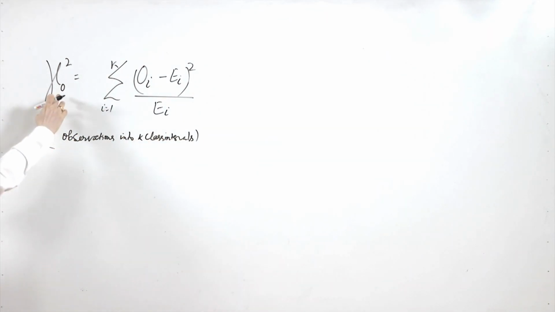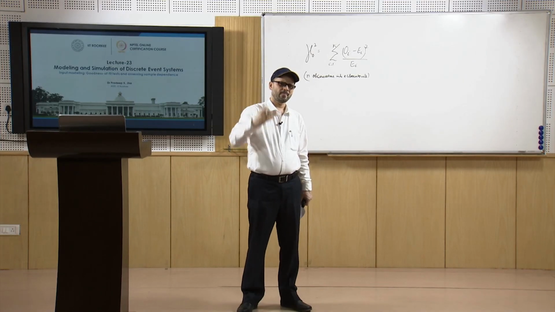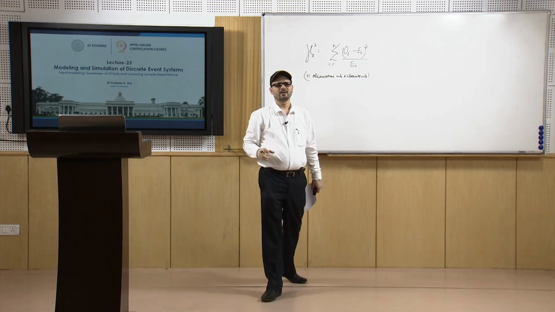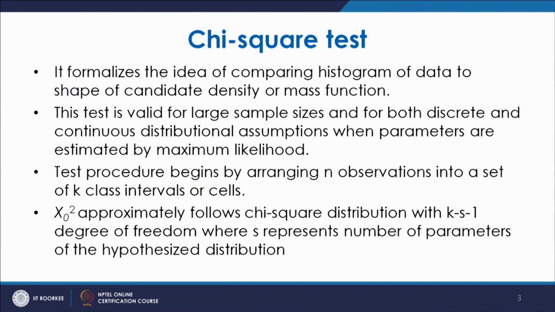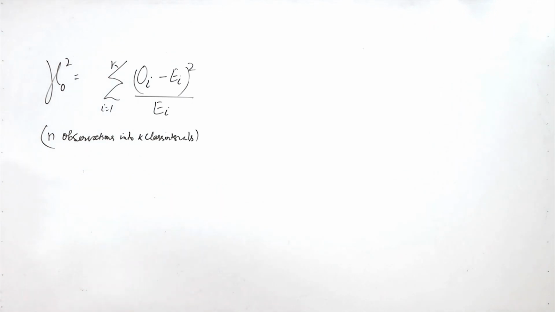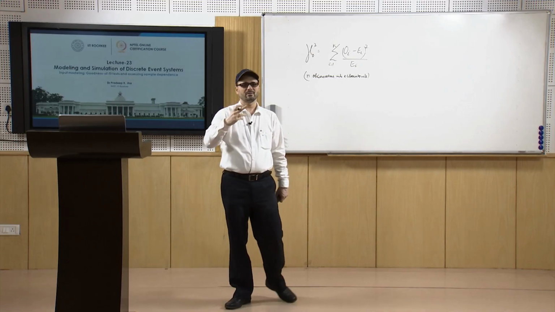You get this chi-square value, and you compare it with the table value for k minus s minus 1 degrees of freedom. This calculated value should be less than the value from the table.